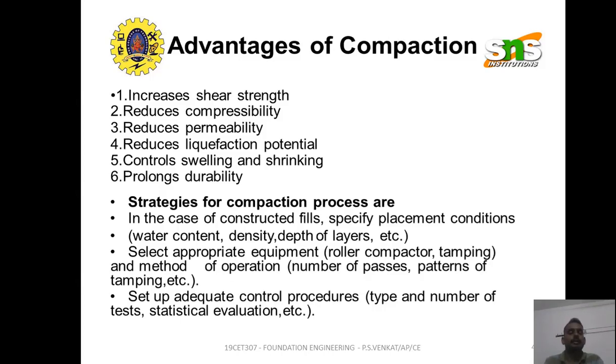We have to select appropriate equipment such as roller compactor, tamping rod, and the method of operation such as number of passes, patterns of tamping, etc. We should also set up adequate control procedures such as type and number of tests involved, statistical evaluation, etc. to make the process of compaction more effective and more advantageous.